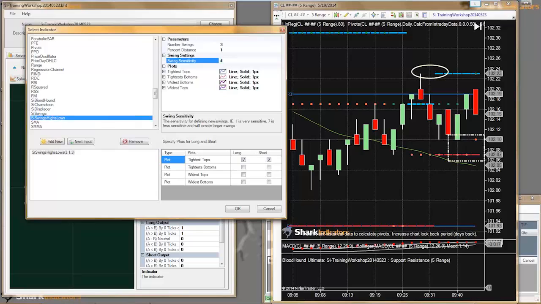And remember, I changed the sensitivity up to 4. And let's see, the dotted plot line is the bottoms, and I'll use the tightest tops for the short signals. So this should generate a short signal when the opposite conditions are met.